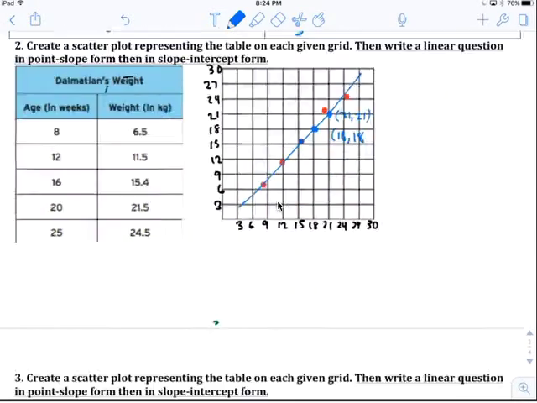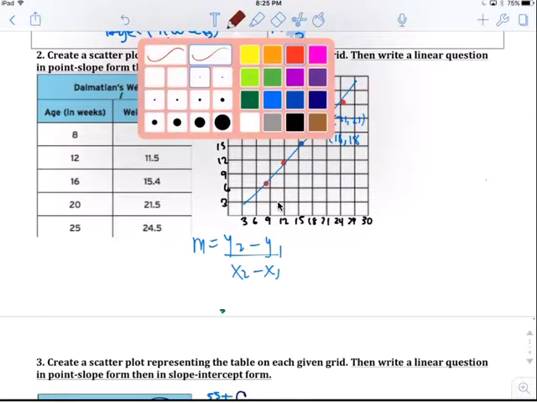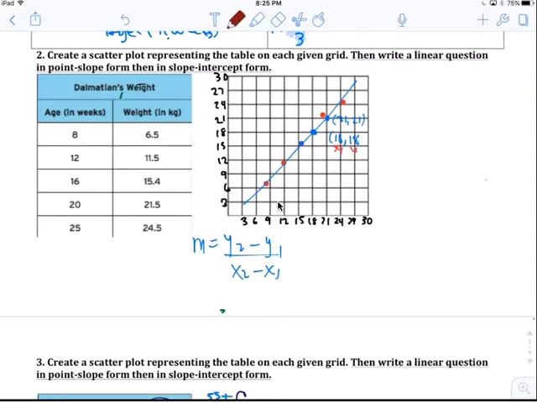I'll show the rate of change here. M equals y2 minus y1 over x2 minus x1. So I would identify this as x1, y1, x2, y2.